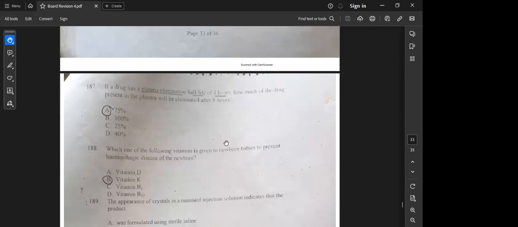But in such a case, over here, they're telling us that the half-life is 4 hours. So if it's 4 hours, then it would be 50. Then if it's at 8 hours, then it would be 75.